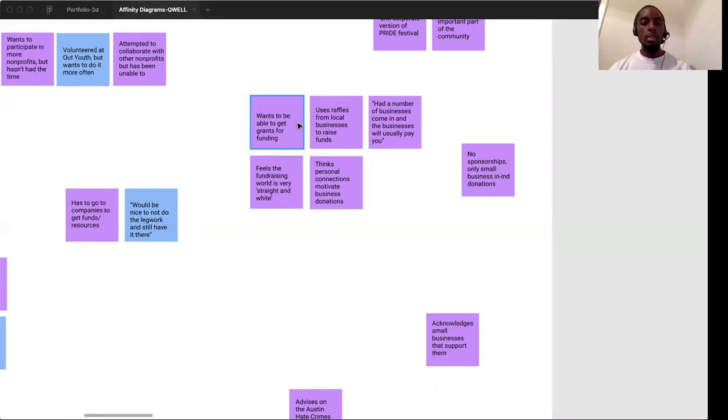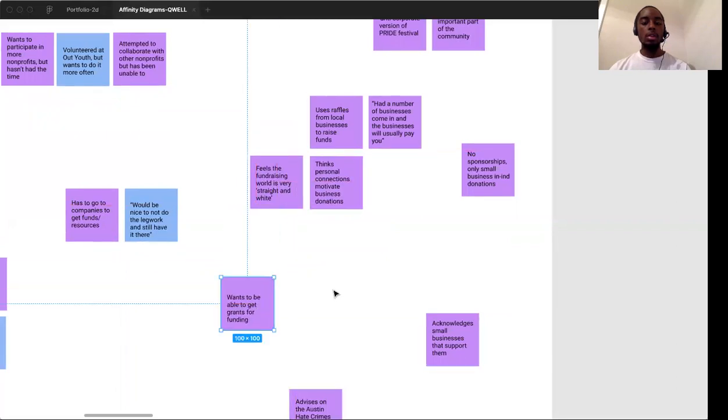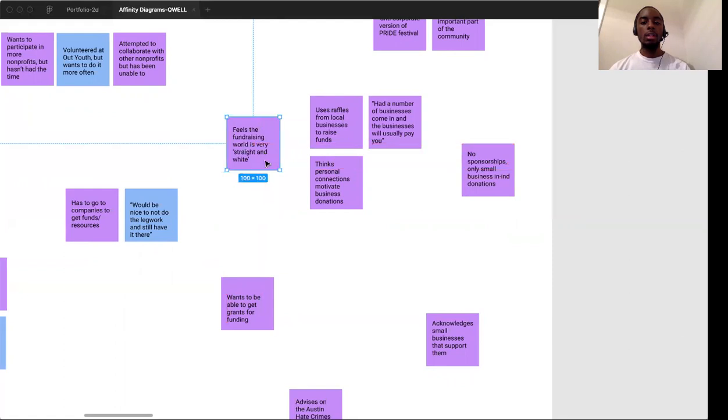So this is telling me they want to get grants for fundraising. So they want other ways of gaining money, or they need money. This is a little bit different for me. This is saying they need more diversity in the fundraising area, or something like that.